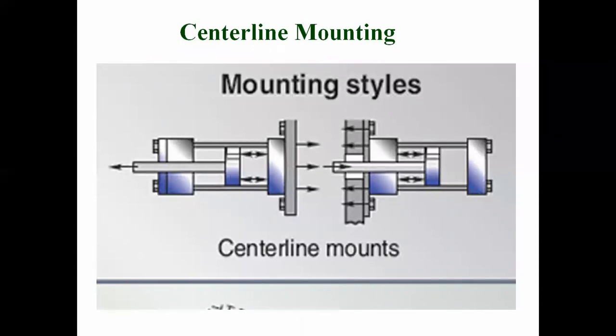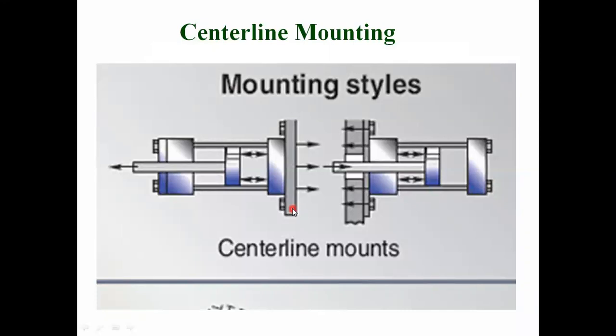So first one, center line mounting. What is center line mounting? Basically, center line mounting consists of the piston cylinder assembly, that means the actuator, and two flanges mounted at both ends of your actuator. Here there is a flange, circular in shape.